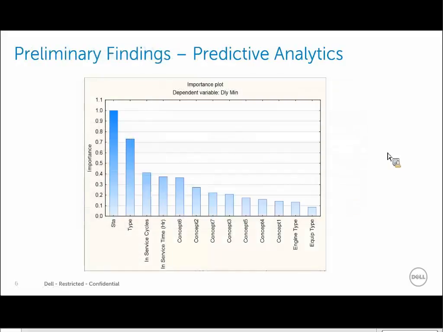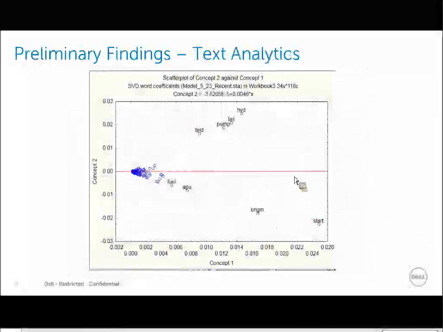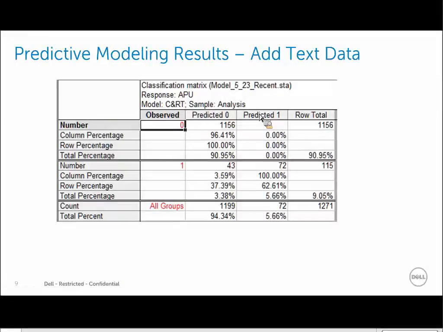So what we did is we started looking at some of our concepts, and we found that 7 of our concepts were in the top 10, I guess, or top 15 most important predictors. We identified what they were, and for instance, hydraulic pump failure. And we were able to take those concepts and add them to the model on the first pass, and all of a sudden we went from no predicted failures to 72 predicted failures with almost 63% accuracy.